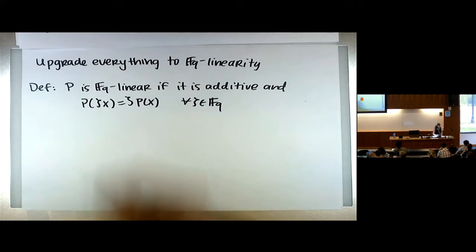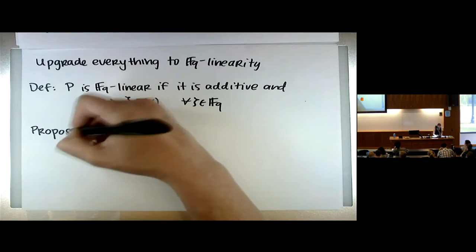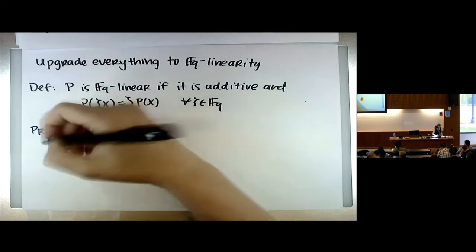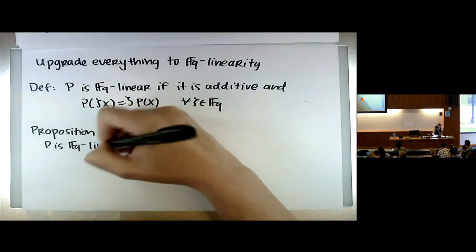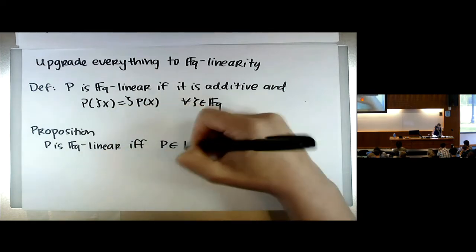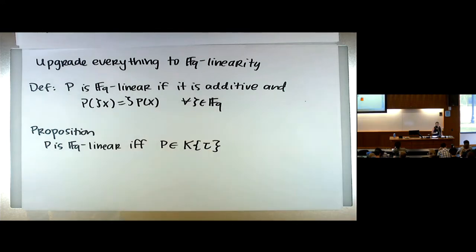Okay, and then the analog of this proposition that we had that characterized these polynomials, right? For additive, they had to be in K curly brackets TP. So here we'll have P is FQ linear if and only if P belongs to K brackets tau, right?